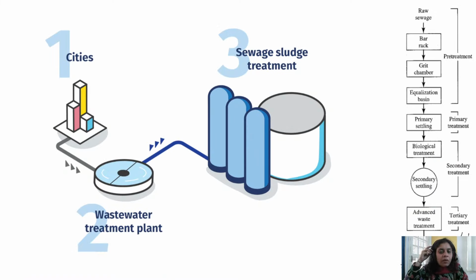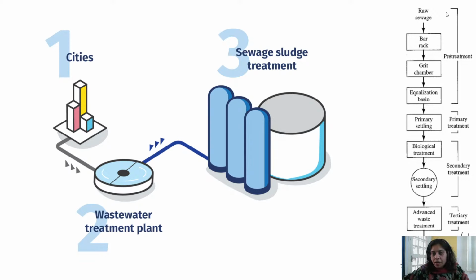Now, broadly speaking, when the water comes from the cities, it goes to the wastewater treatment plant. The water separates from the sludge. The sludge goes to the sludge treatment plant, and the water is available for reuse, or it goes to the secondary and tertiary treatment plants for potable water purposes.